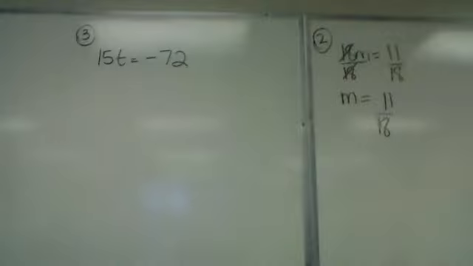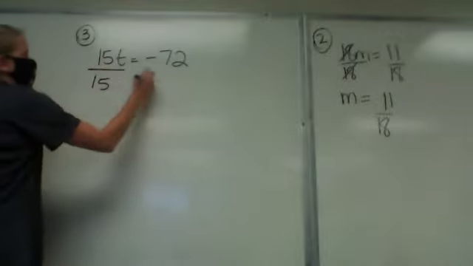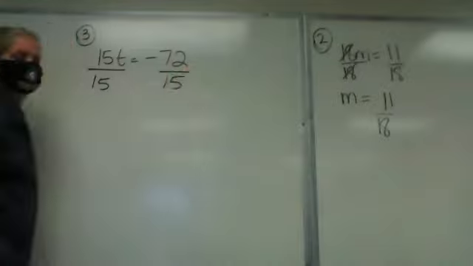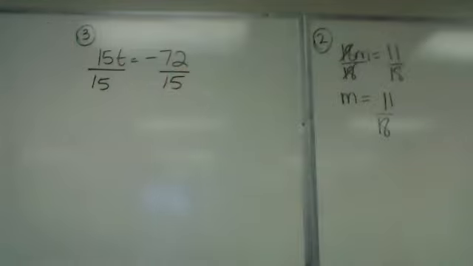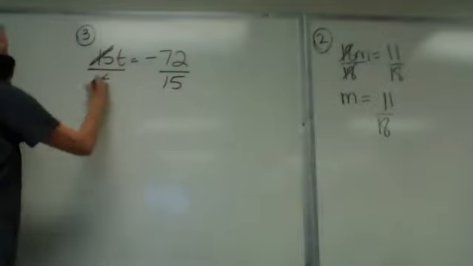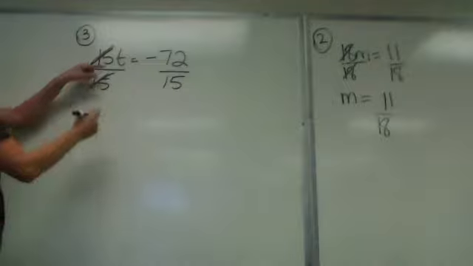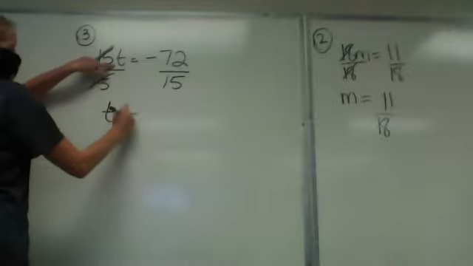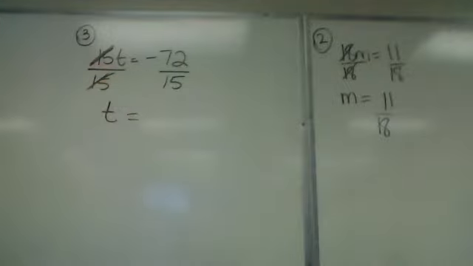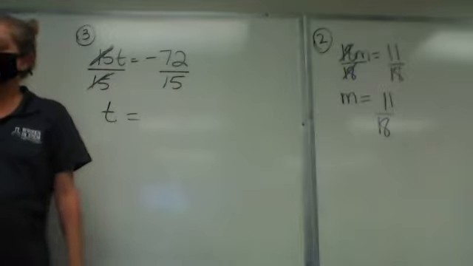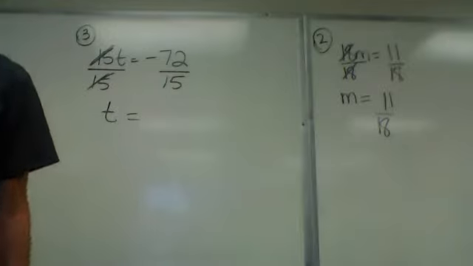The 15. So that's what we're going to divide by, is the 15. So I'll bring down my t, because the 15's canceled. Over here, I need to figure out what is negative 72 divided by 15.